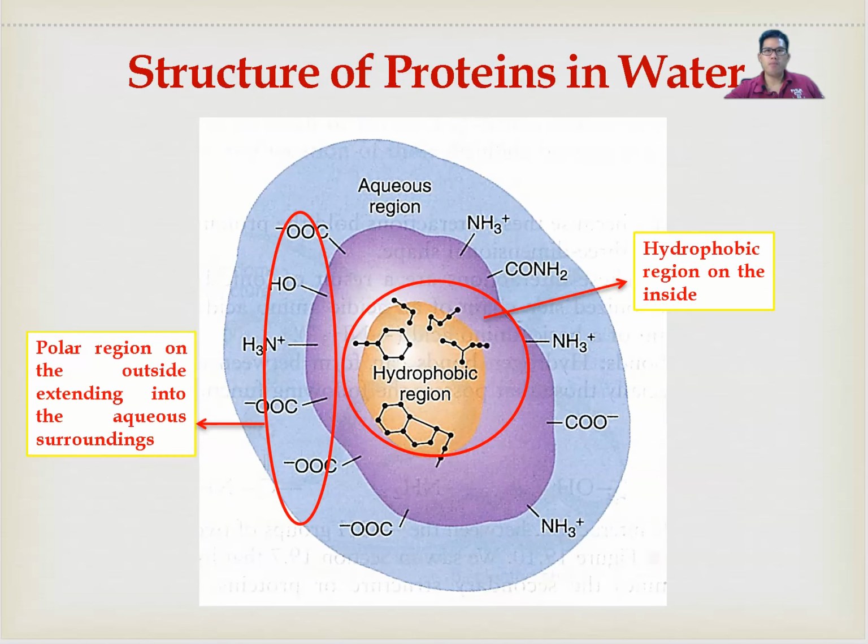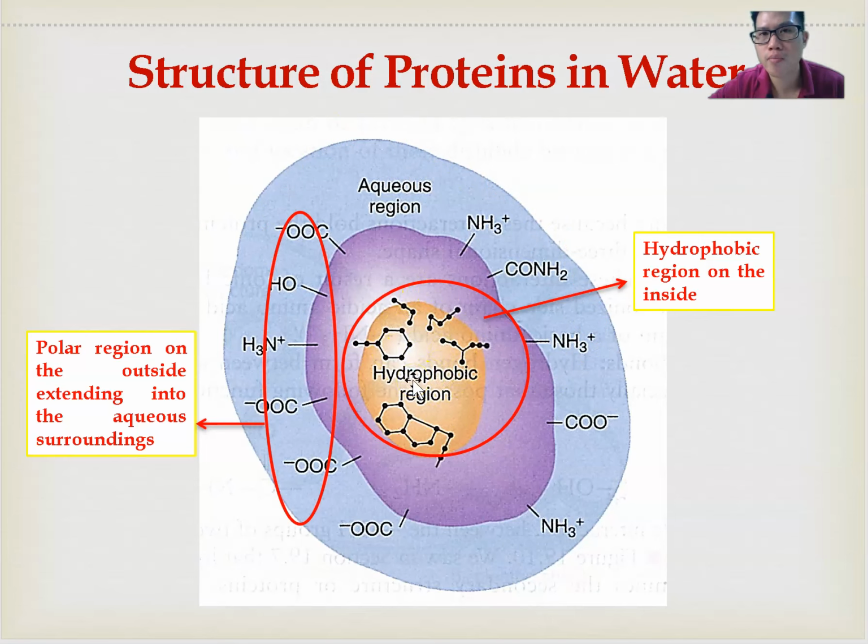Okay, it's very important for you to realize that the protein is folded in such a way. If you see a lot of the proteins, usually their natural environment is actually water. So they are folded in such a way that the hydrophilic regions will be outside of the proteins, and the hydrophobic will be inside.